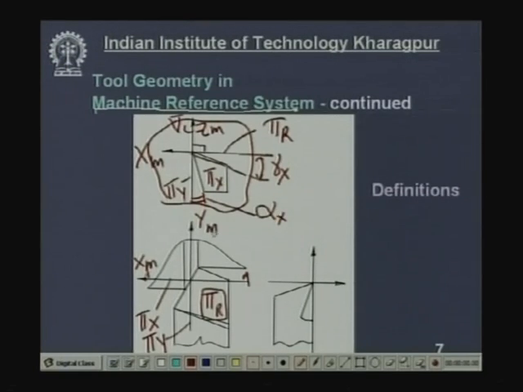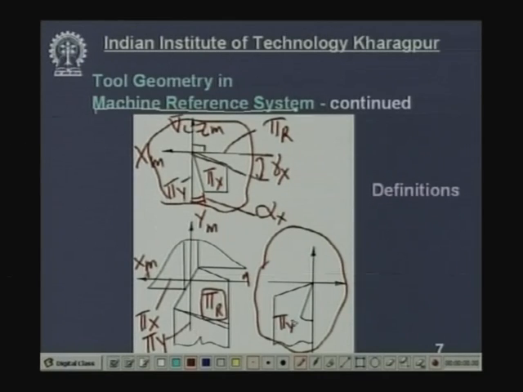Now, if you cut the cutting tool by the machine transverse plane pi y, a vertical plane, and look at this portion of the tool, this is the diagram. In which plane is this diagram drawn? Pi y, the machine transverse plane.